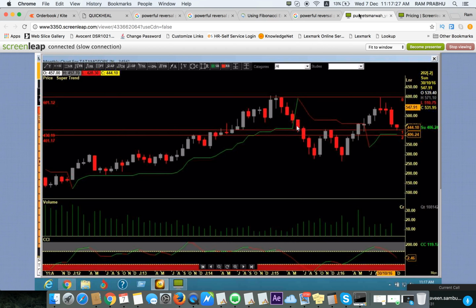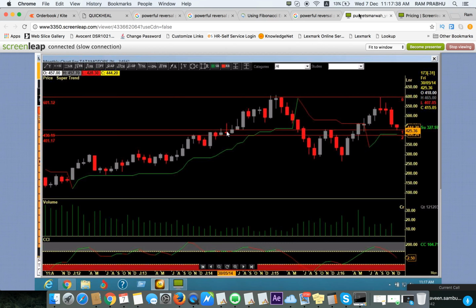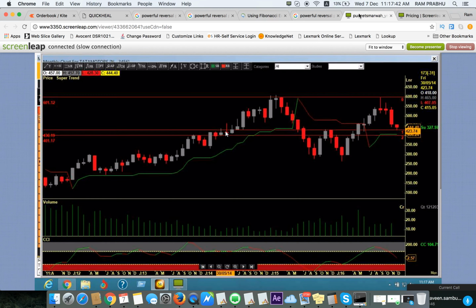Then the other one, 407. So we have to see in a layer formation: upper layer, when it reaches the intermediate layer, what is the maximum fall? That is going to be a stop loss.